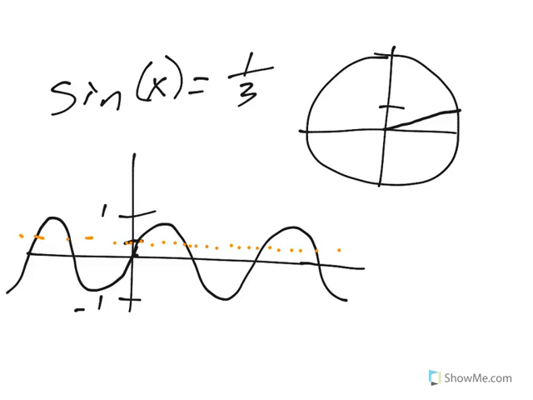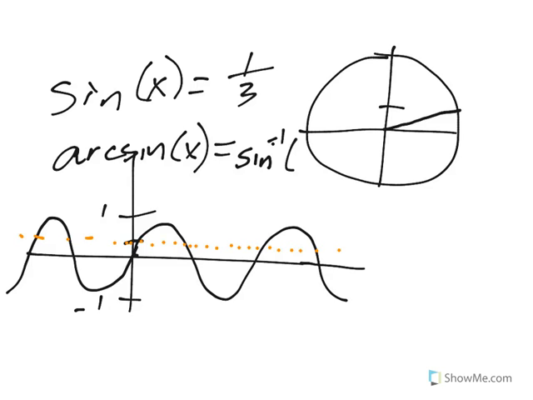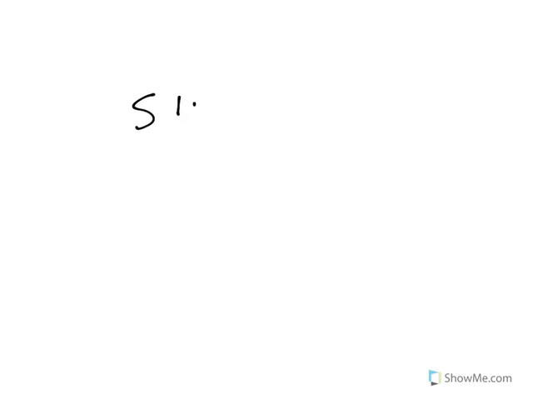So when I think of an inverse function, it's got to be something that will undo this. And so let's just say that the inverse function, we'll call it arcsine of x, or some people call it sine inverse of x. I kind of like sine inverse of x just because then it's really clear what the heck you're doing. But, you know, go back over here and try to solve this equation. Sine x equals a third.